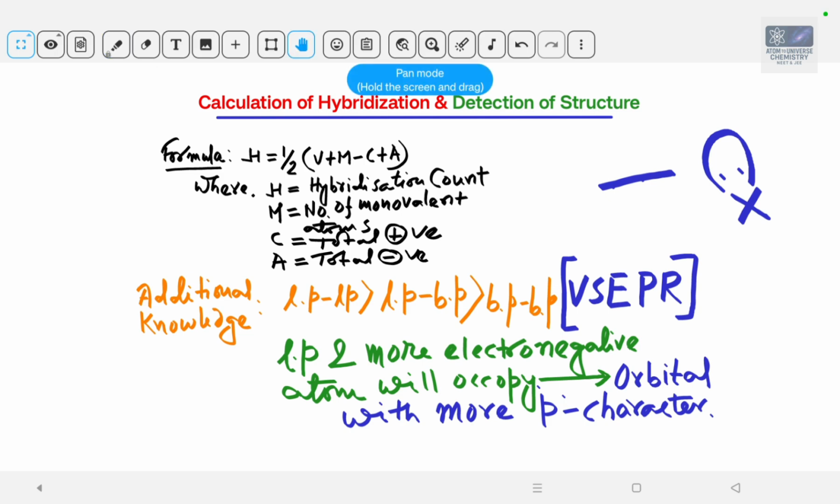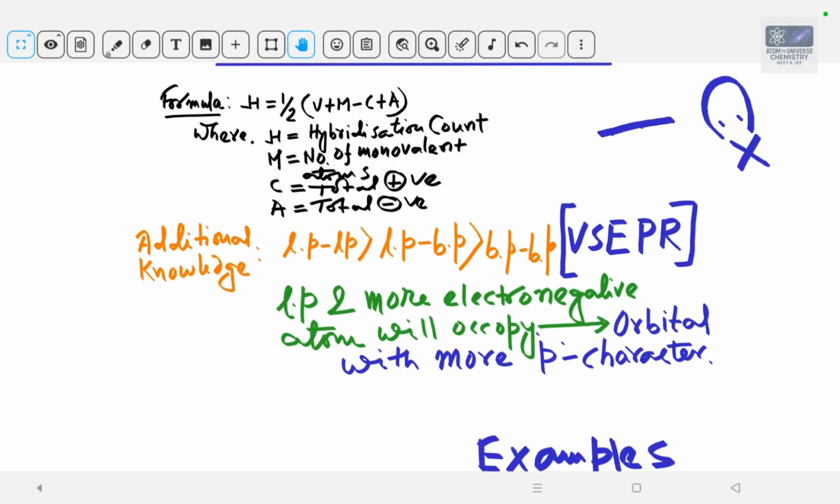Another thing we have to keep in mind is that if there are one or two lone pairs, they will be placed in the orbital having more p character, and a more electronegative atom will also occupy the orbital having more p character.